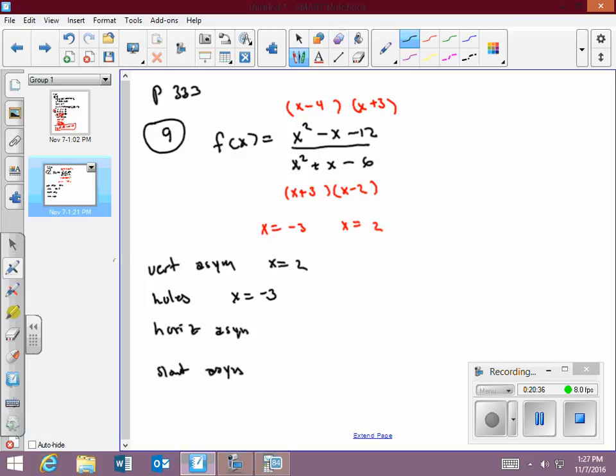Now, the horizontal asymptote, so it won't have a slant, it's going to be y equals what? Okay, 1. The way you got it is the numerical coefficient for this x squared is 1, and the numerical coefficient for this is 1, and you put 1 over 1, so you got y equals 1.